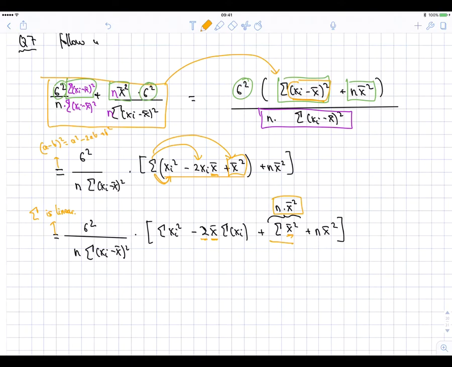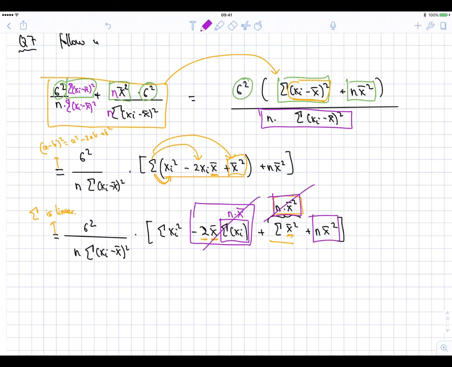Now, what is this equal to? Sum of xi as a function of x bar is n times x bar. So then I have minus 2n x bar squared plus n x bar squared plus n x bar squared.